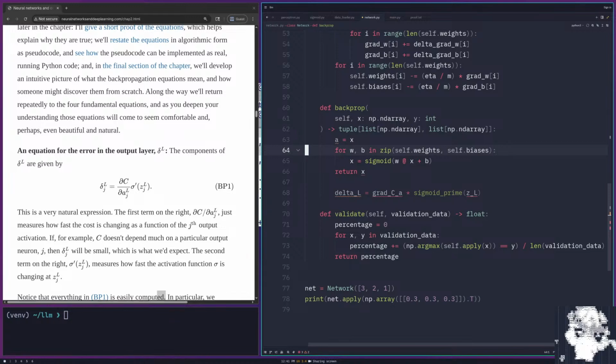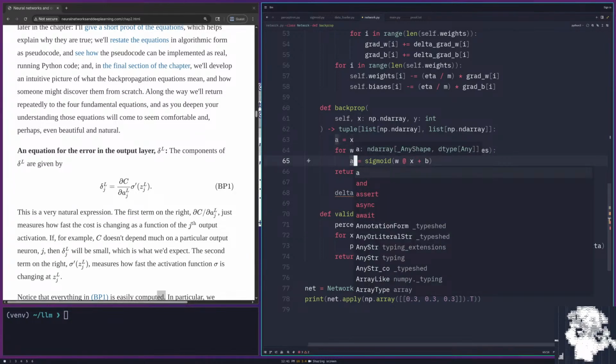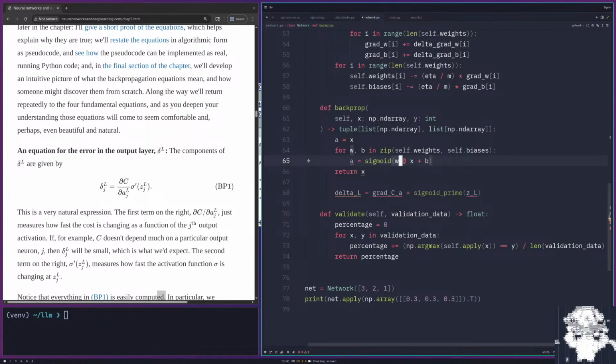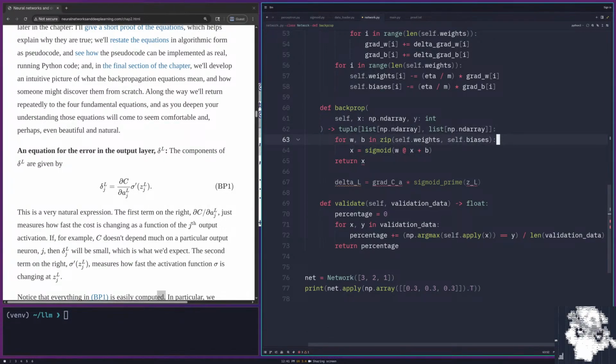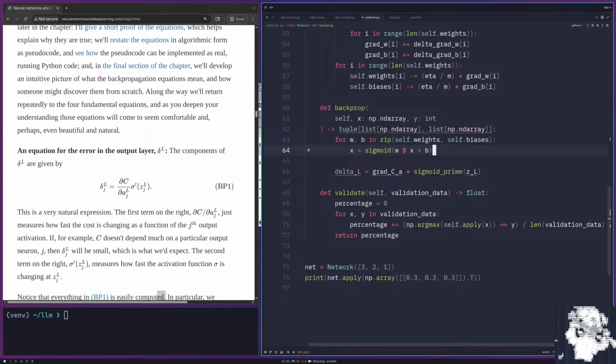So why don't we start with A equals X, because I don't want to lose X. Actually, I don't think I care about X anymore, so let's just do it like this. The final X is the output, so this is A of L.